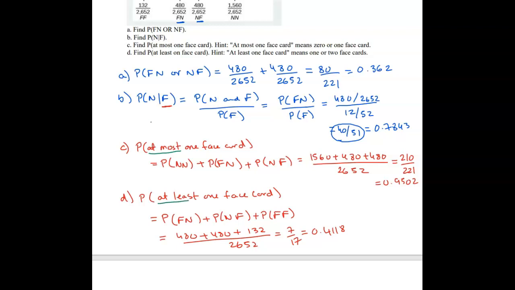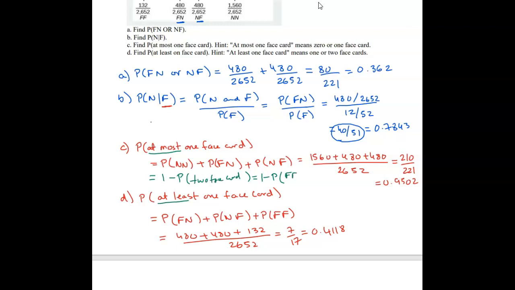So the probability of having at most 1 face card is basically 1 minus the probability that you're going to have 2 face cards.